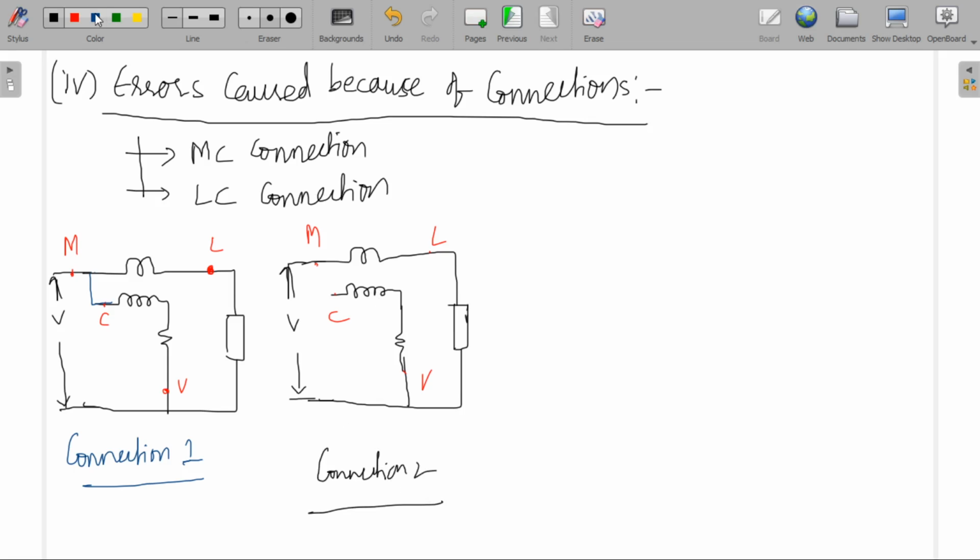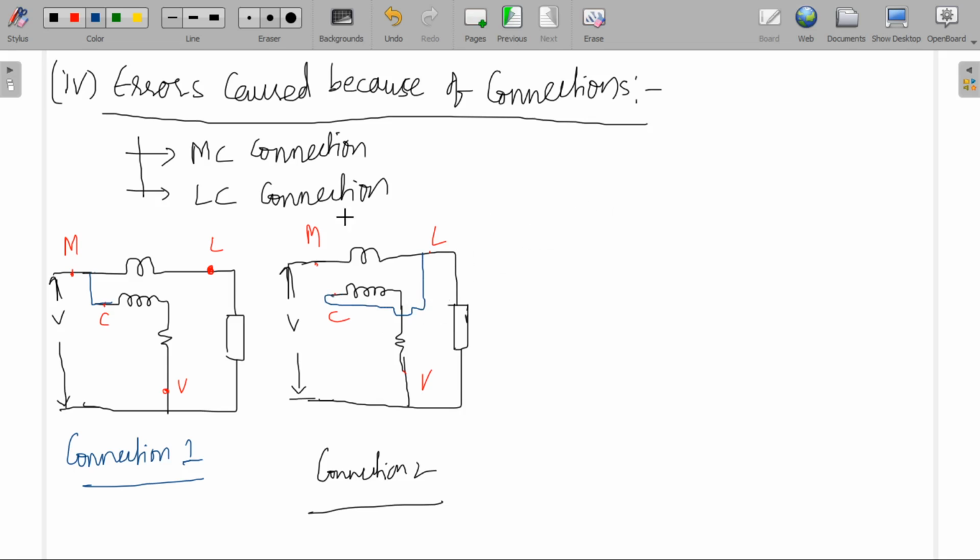In this connection we join L and C terminals. LC terminals are shorted.